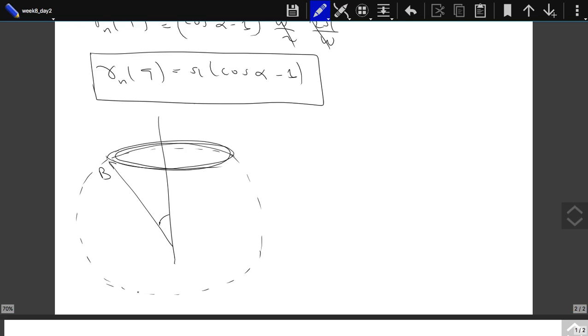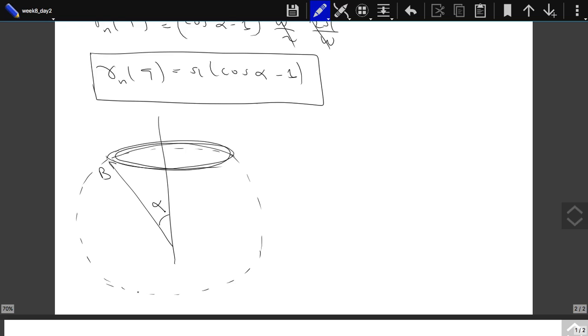Well, it's the solid angle. I want to write it in terms of this alpha. So in terms of alpha, what is the solid angle?